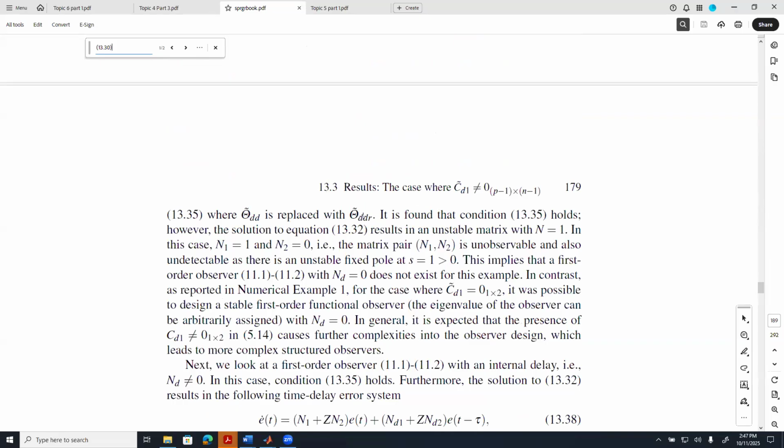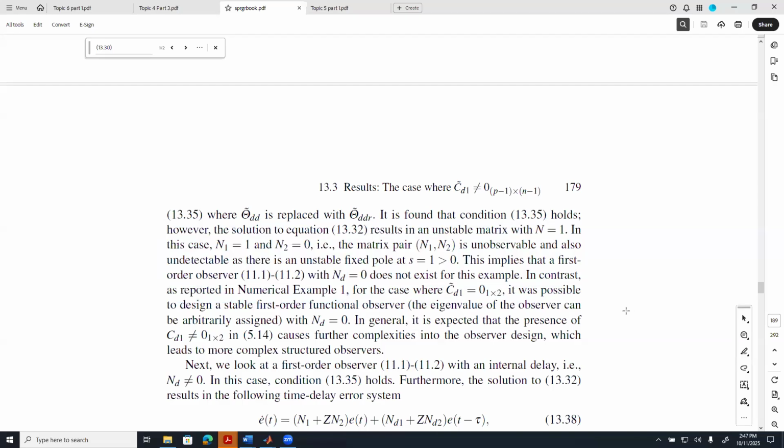We first try to do it, but then we get an unstable system, and that's exactly what we've been telling. So do we increase the order of the observer, or what to do? That is also a problem that remains to be solved.